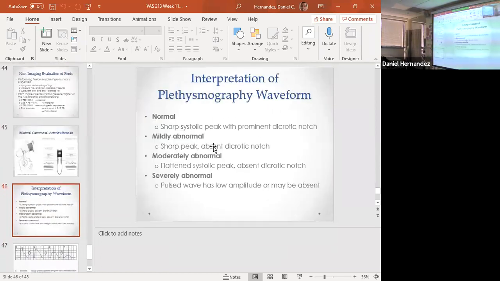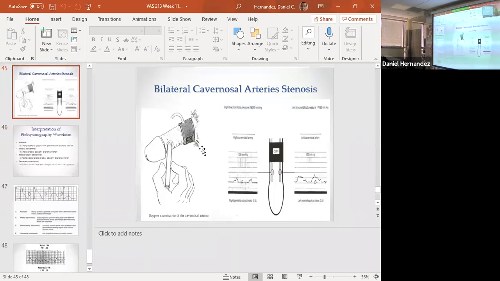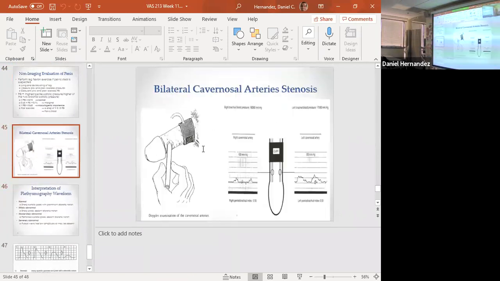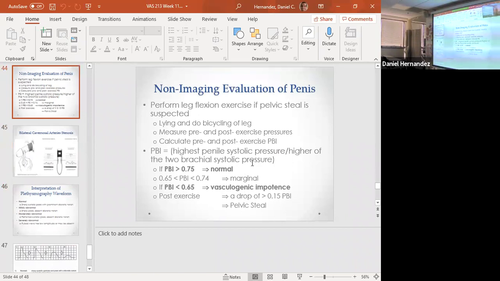And then for plethysmography, numbers. So for numbers for plethysmography, normal, it's going to be greater than 0.75, and then less than 0.65 is considered vasculogenic impedance.